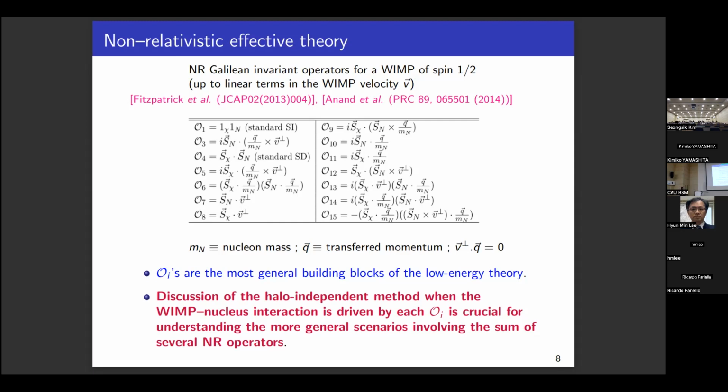All these operators are the most general building blocks of the low energy theory. So discussion of the halo-independent method is necessary when the WIMP-nucleus interaction is driven by each of these operators, to understand the more general scenario that can involve several non-relativistic operators at the same time.